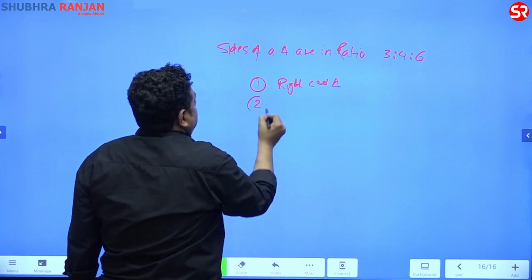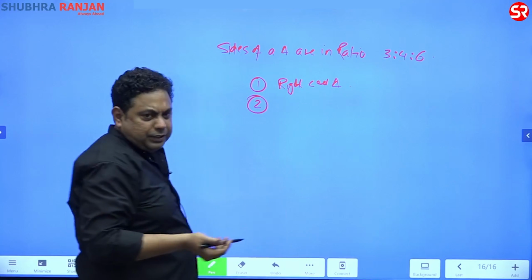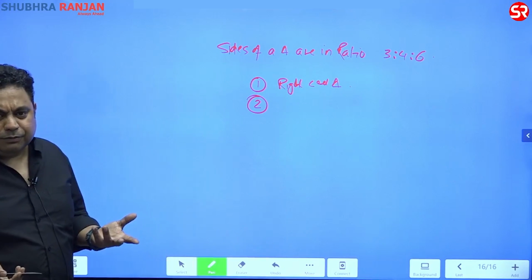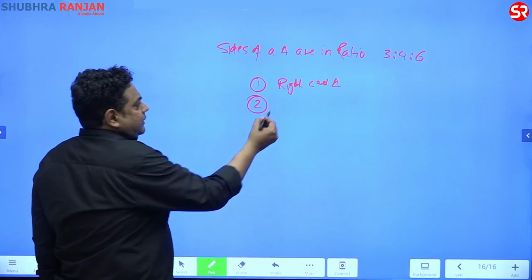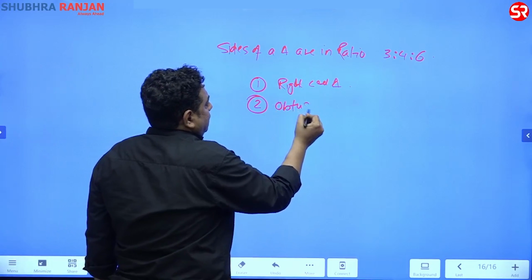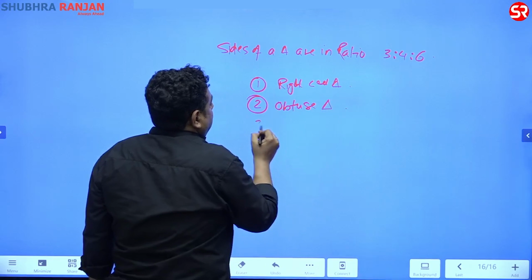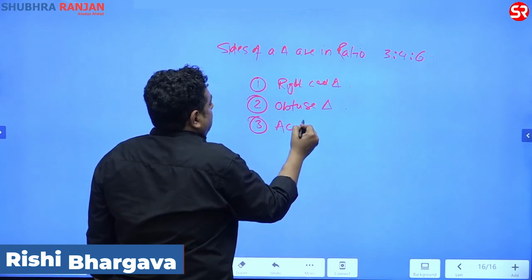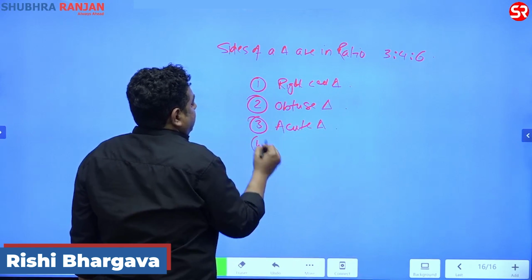Second, it's an obtuse angle triangle. Third, it's an acute triangle. Fourth, none of these.